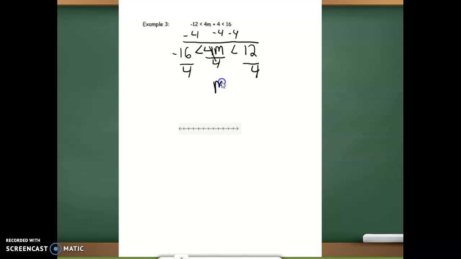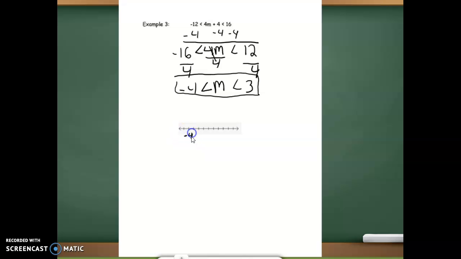Cancels. Now I've got my m, right? And that's going to be what? Negative 16 divided by 4 would be a negative 4. And this would be a 3. Now this basically is what the answer looks like, okay? As far as the written or verbal answer. And I always read these from the middle, from the variable.